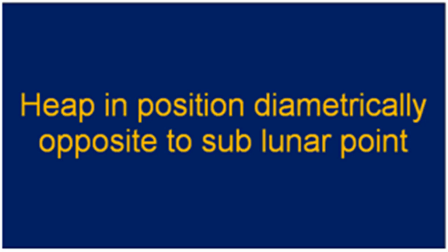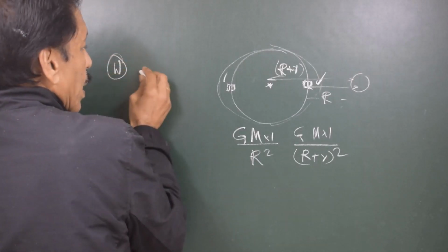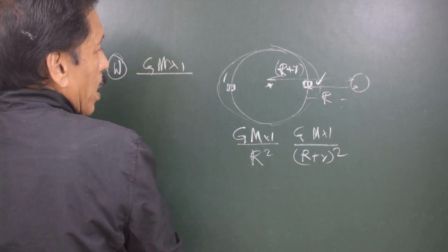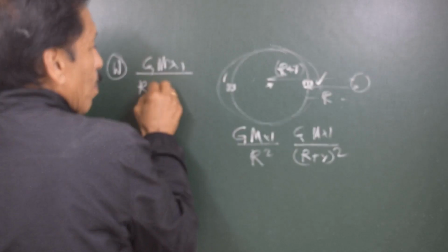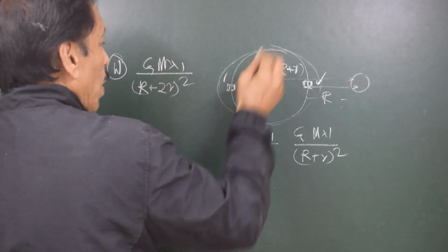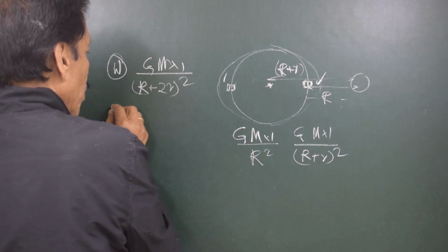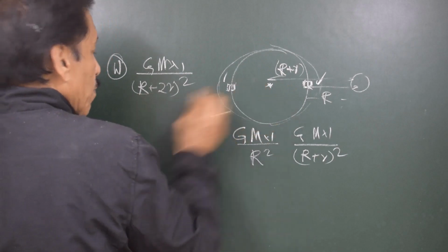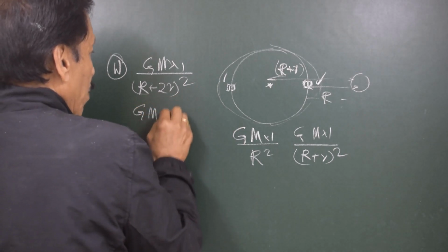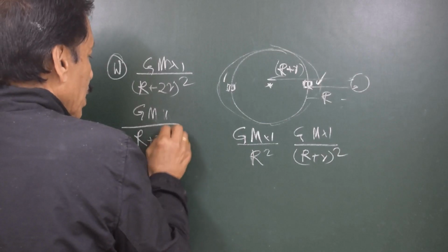The gravitational pull on 1 gram of water is equal to G M into 1 divided by (r plus 2R) whole square, whereas 1 gram of solid earth would be considered at the center of the earth, in which case the gravitational pull for that 1 gram of earth particle is going to be G M into 1 divided by (r plus R) whole square.